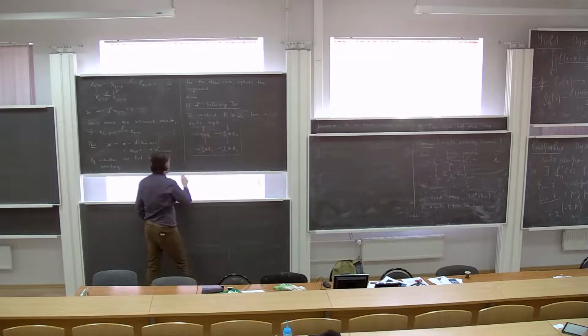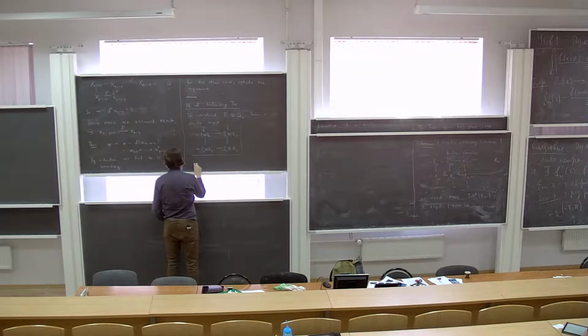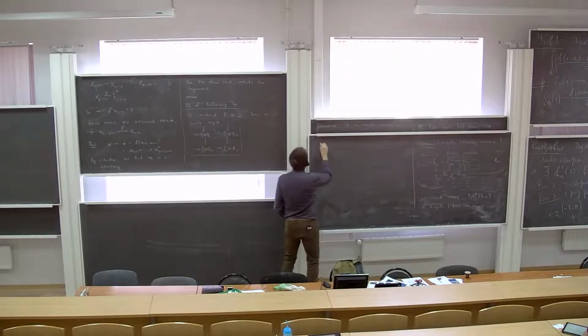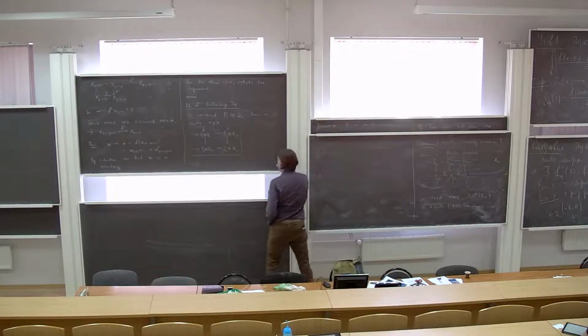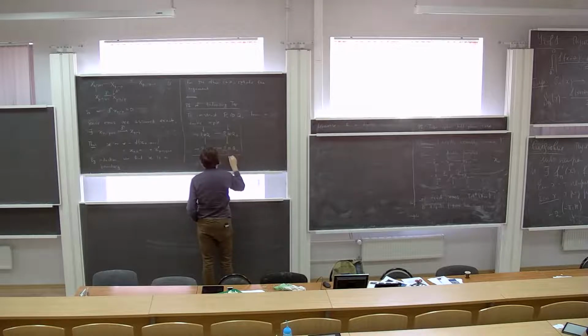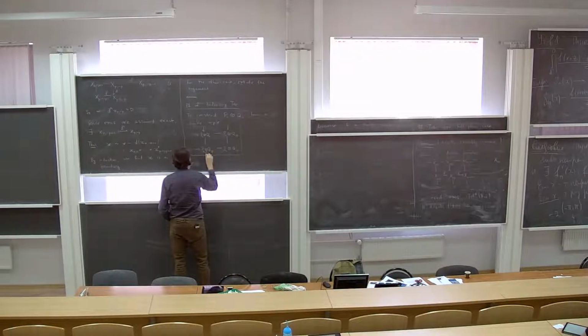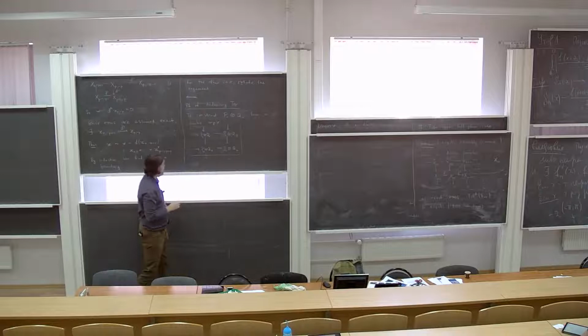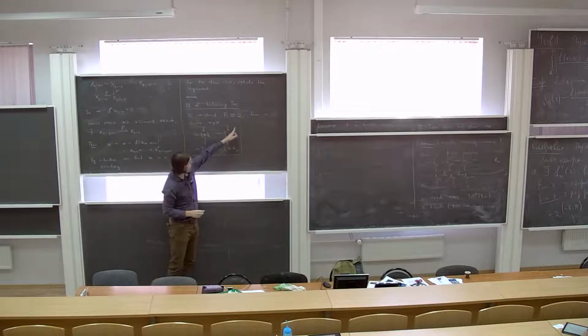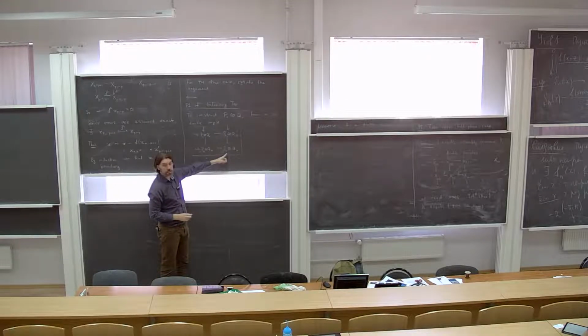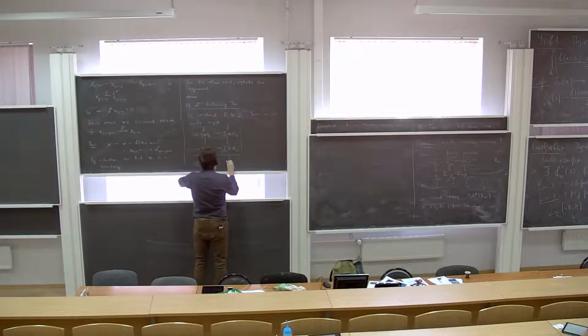So I have this double complex, and let's augment these. So what is this? This is Q0 tensor the projective resolution of x. Right? So down here I'll have x tensor Q0.